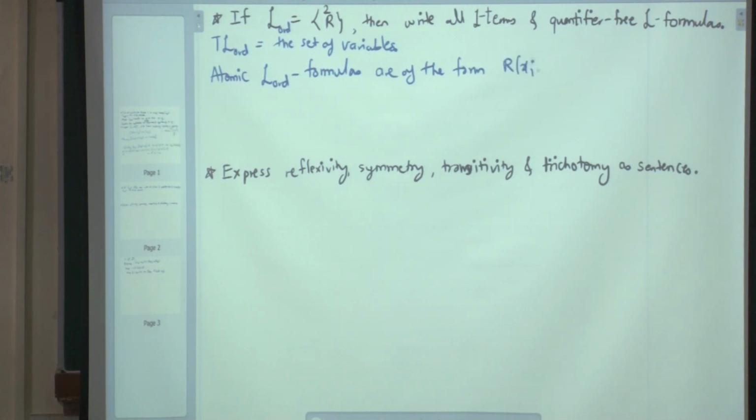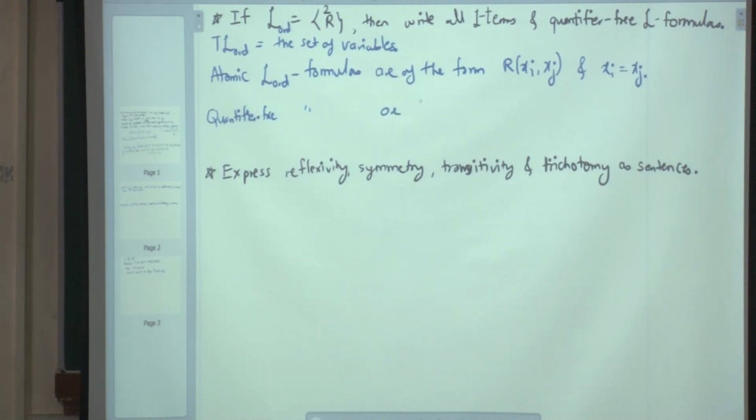R xi comma xj. Xi and xj could be equal. Nobody stops them from being equal. And xi equal to xj. And what are quantifier free formulas?